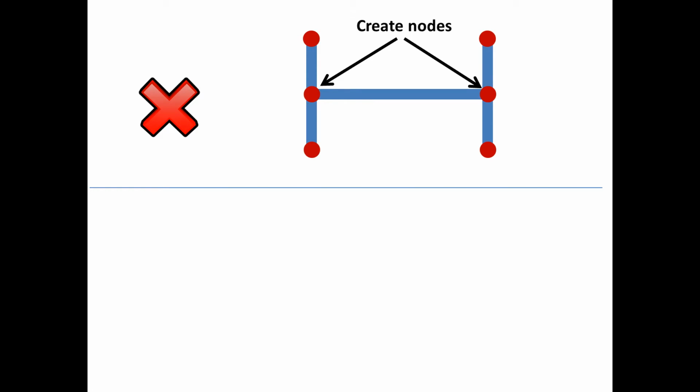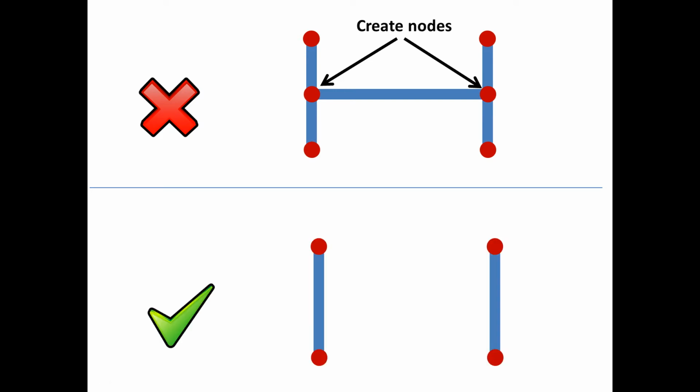And it looks like we have created a connected elements, but actually it's not, because these two nodes are floating and is not connected to this column.